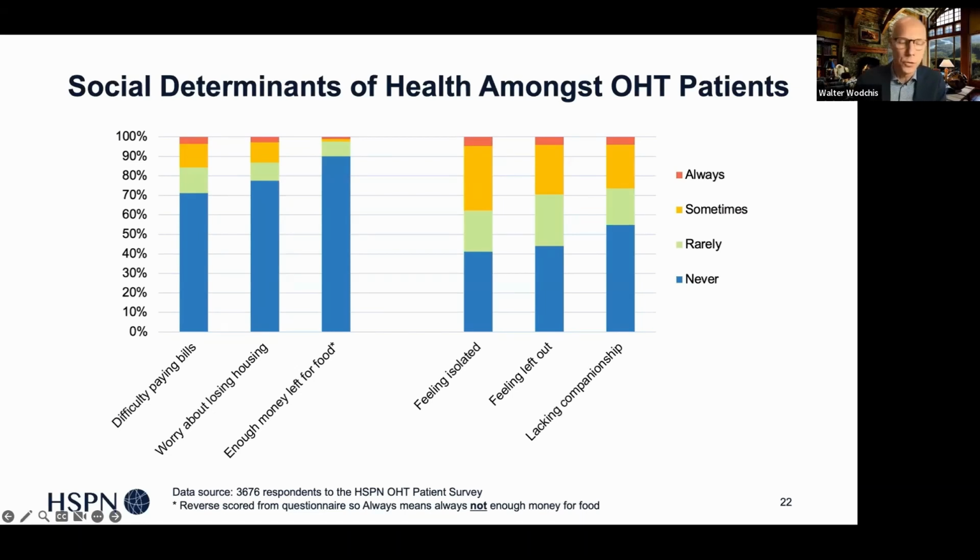And this isn't through any concerted effort to target people who might be in lower socioeconomic groups. This is just a general population of OHT respondents who went on, clicked into our computers and answered the surveys. Were they worried about losing housing and having enough money left for food? So those three pieces. And then over on the right side, we have social isolation.